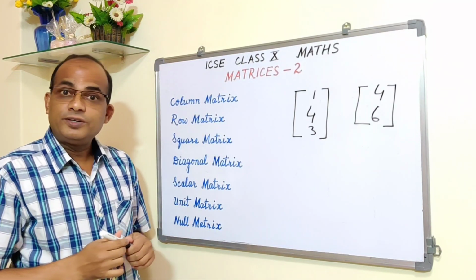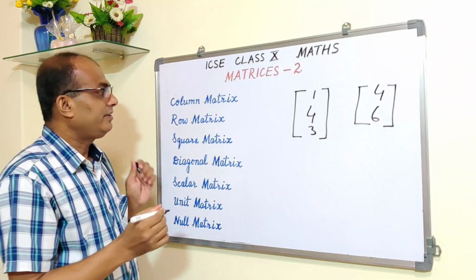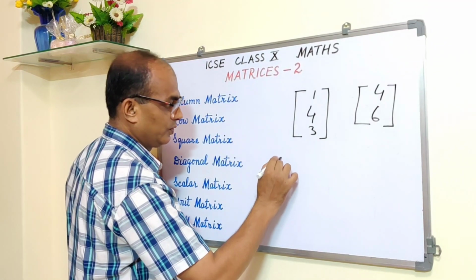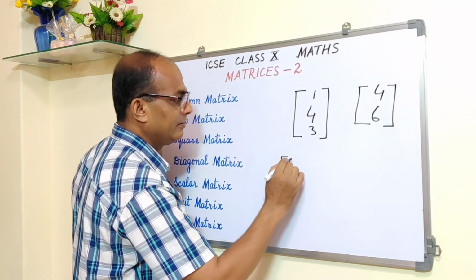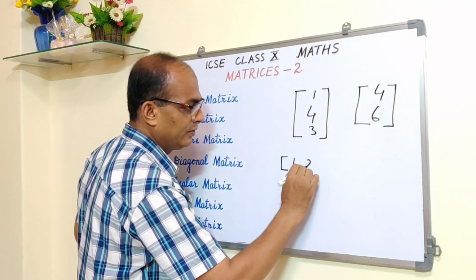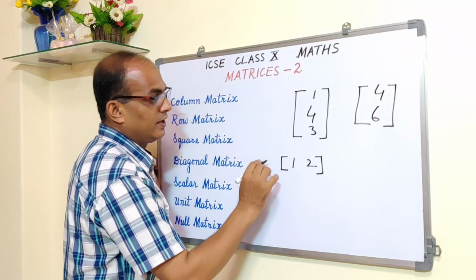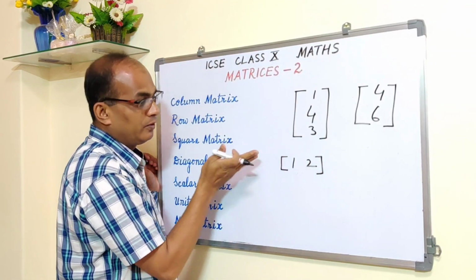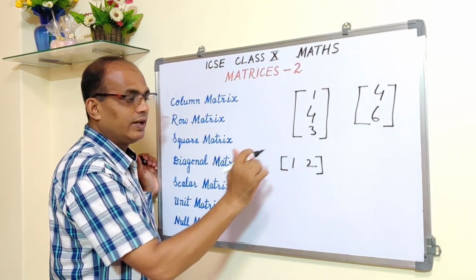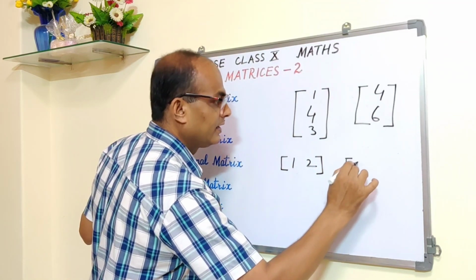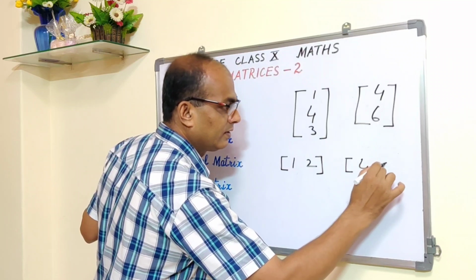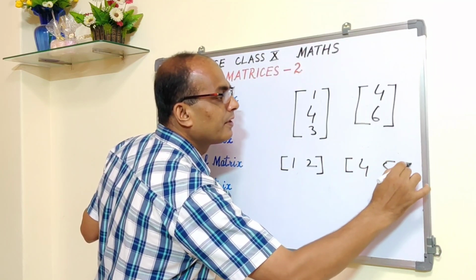Now what is a row matrix? In a row matrix there is only one row. For example, 1, 2. There is only one row. Row is 1. There are 2 columns, but row is 1. Another example you can take: 4, 5, 7.